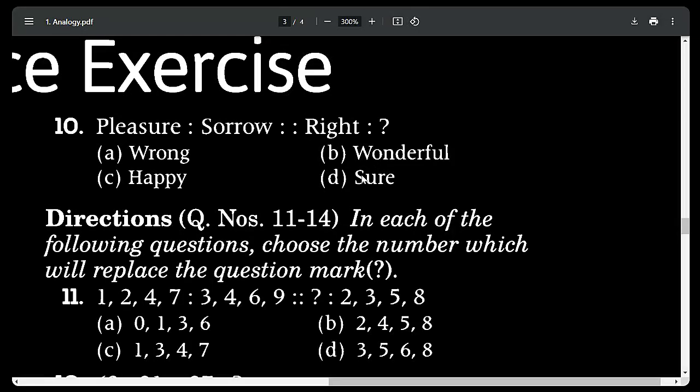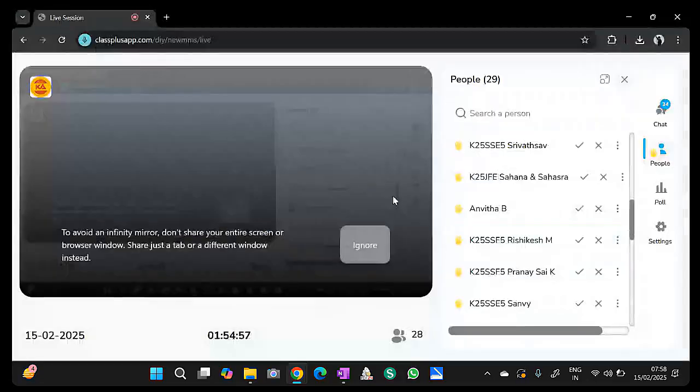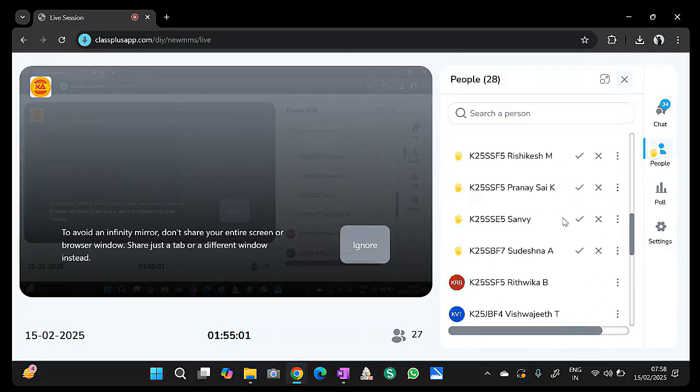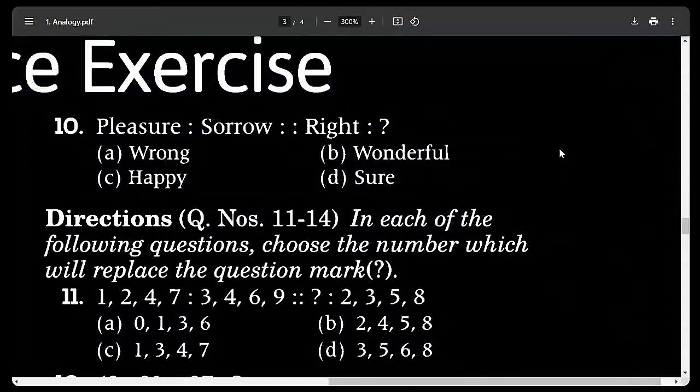Okay, coming back to this question, who is trying to explain the answer? Sanvi, can you explain this question? Sanvi? Yes, sir. Yes, Sanvi, can you explain this question? Yes, sir. So 1 plus 2, 3. Okay. So 2 plus 2, 4.